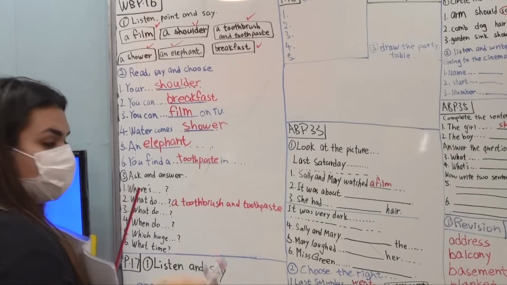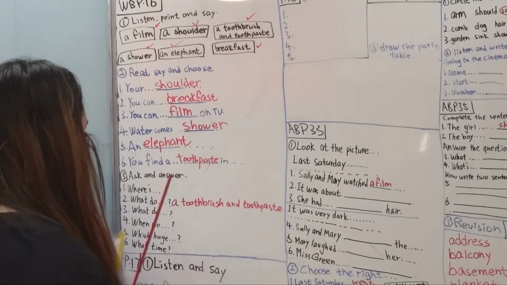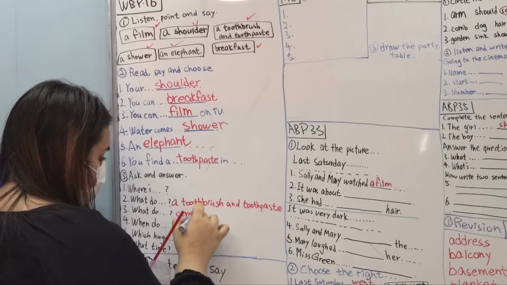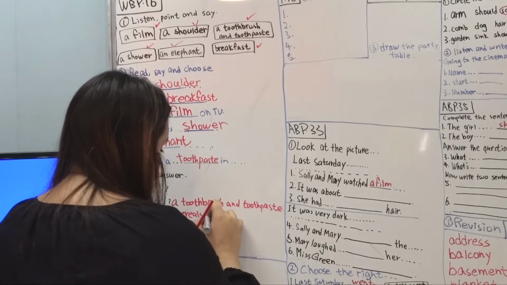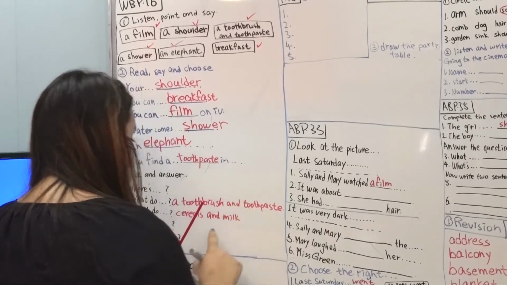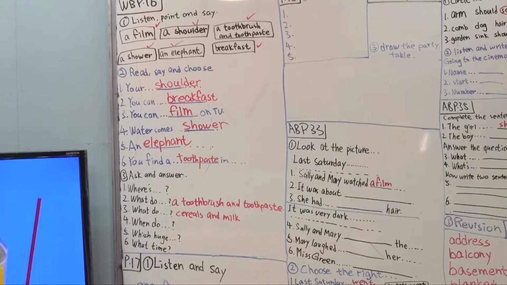That's your choice. You don't have to write, just have to say, okay? So here I'm going to write cereals and milk. Cereals and milk.